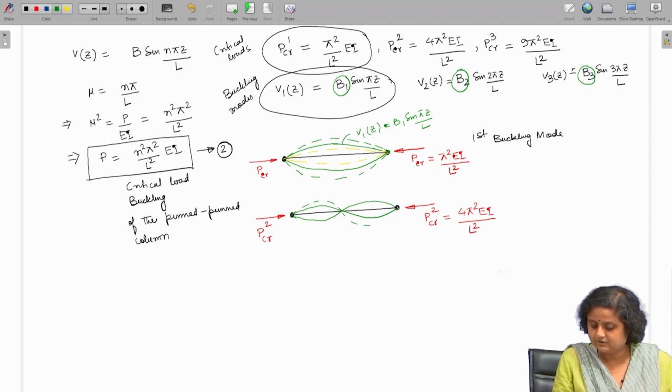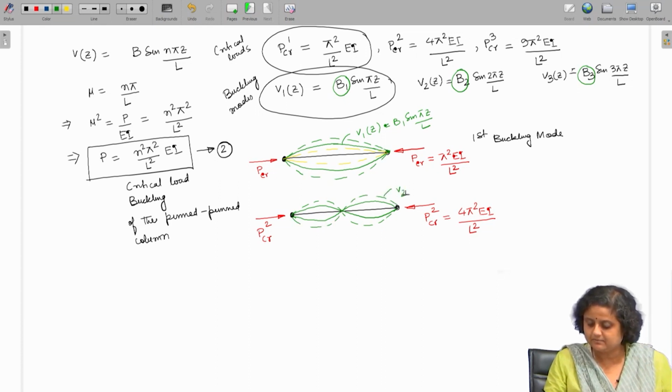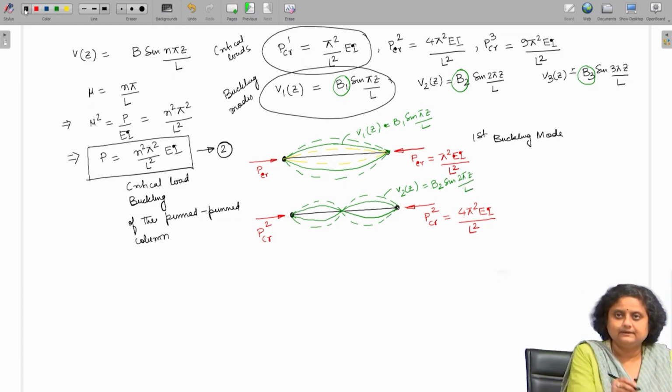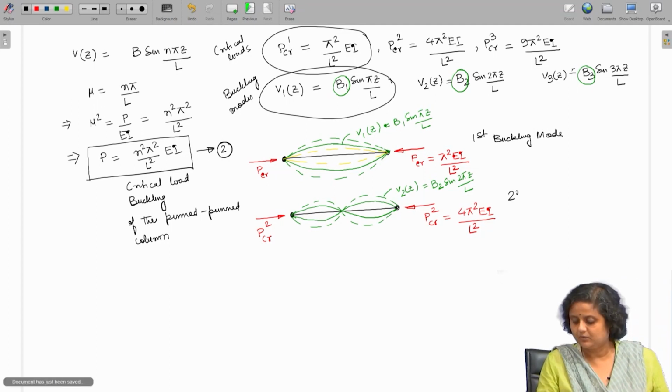Again, the absolute value is not defined, the solution is non-unique. So, this is the second buckling mode, which can be written as some non-unique constant into sine 2 pi Z by L.